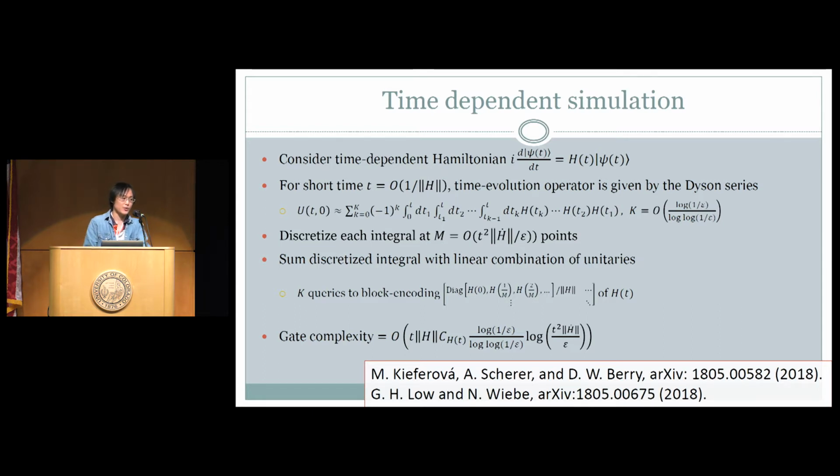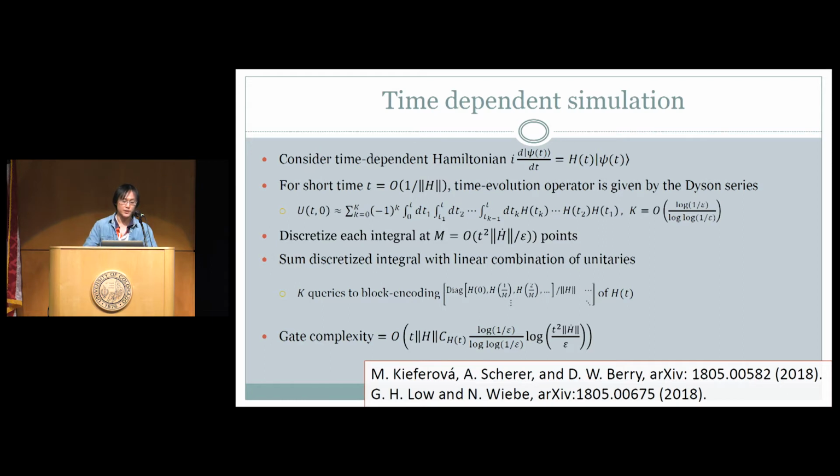The cost of doing so is expressed in terms of queries to the block encoding, except that instead of a block encoding to your Hamiltonian at a single time, it's now kind of like a block encoding to Hamiltonians evaluated at many different times. Your diagonal is now the Hamiltonian at time 0, time 1, 2, 3, and so on. And let's call the cost of this block encoding C sub HT. I'll talk more about what exactly this value is here.